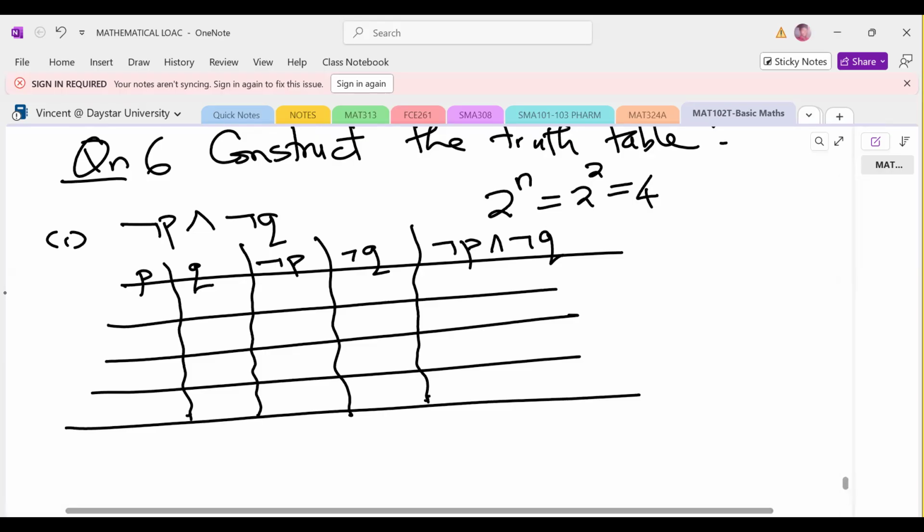So I hope you know how to fill that. We start with double true, then false. Then the next one is true, false, true, false. So that's usually the starting point. So how do we fill the column for not P?